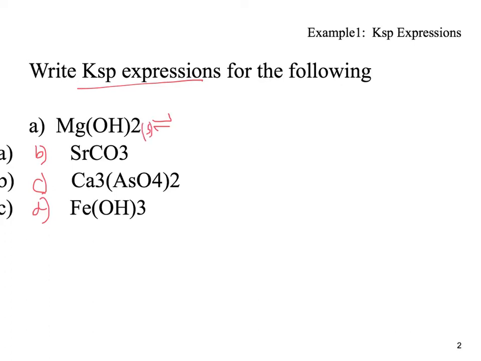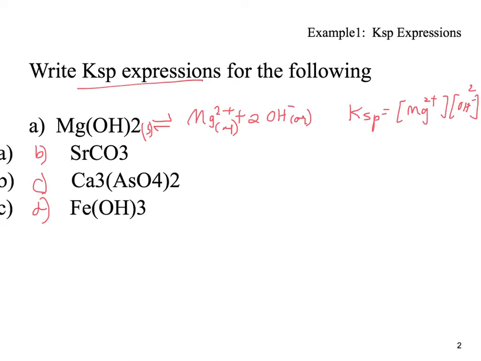Mg(OH)2 is a solid that is going to give you Mg2+ and 2 hydroxides. And so your KSP should look like the concentration of magnesium times the concentration of hydroxide, squared.